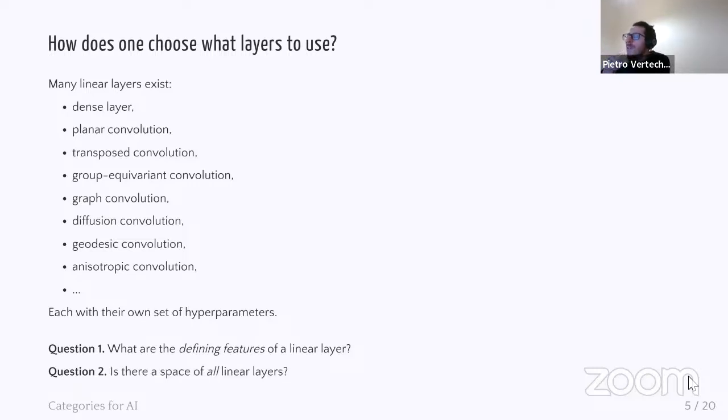And question two is whether there is a global, well-behaved space of all linear layers. Can we come up with a big, smooth space such that the choice of a linear layer and hyperparameters is just a point in this space? This, of course, would have huge practical implications, right? Because then it'd be much easier to define these layers.